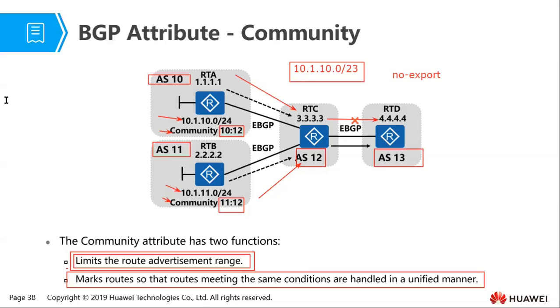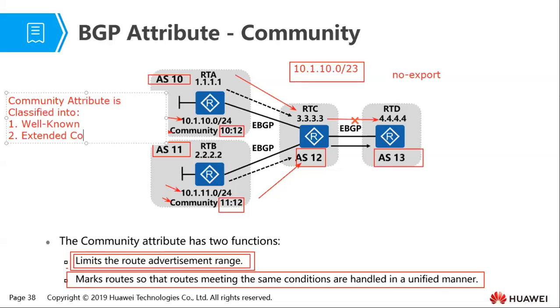Now, generally, the community attribute is classified into, number one, what you call well-known, and number two, what we call the extended community. Well-known and extended community.